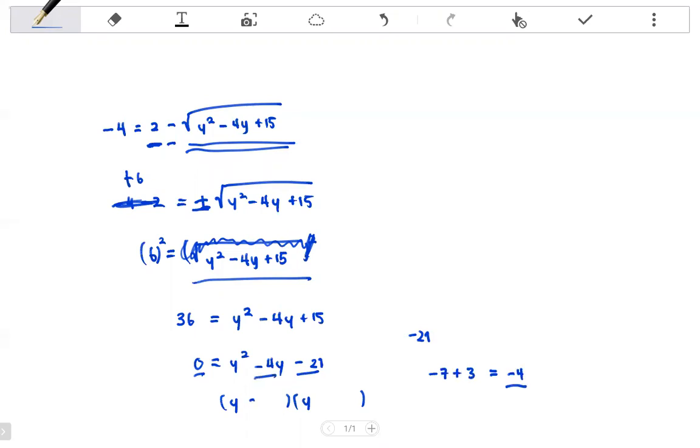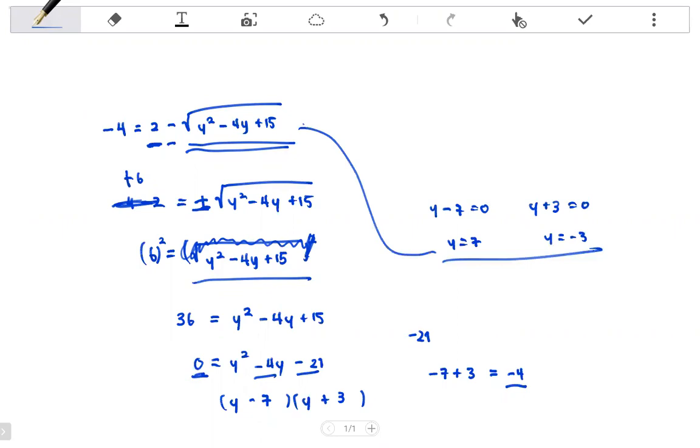So we can do a -7 and a +3 and set them equal to 0. So y minus 7 equals 0, y plus 3 equals 0, y equals 7, and y equals -3. Two solutions. Nice.